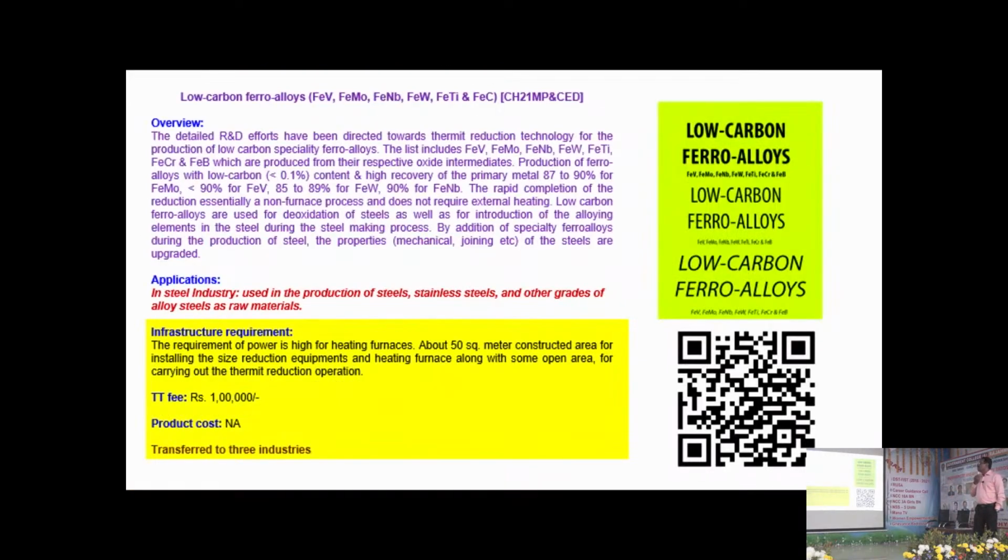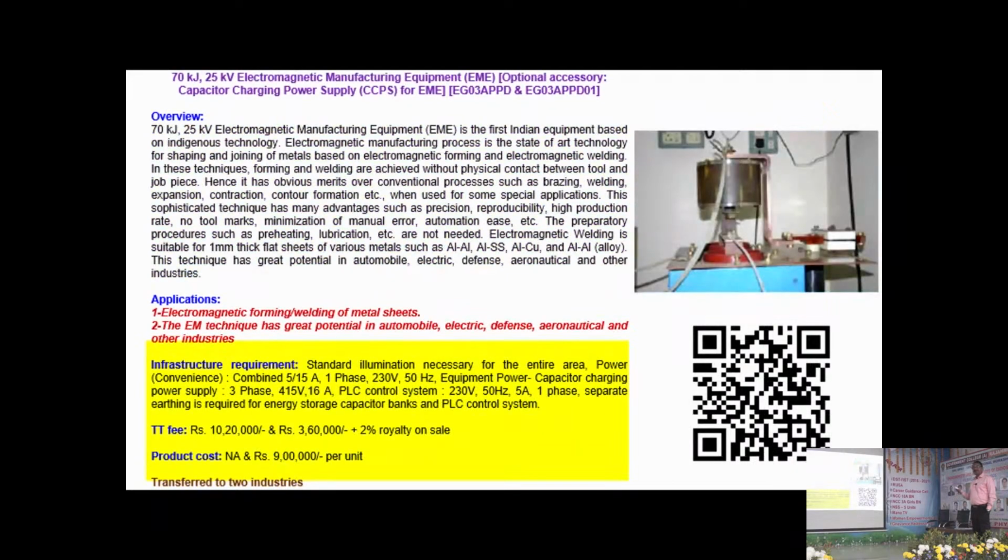Now recently we have developed, whatever good development that happens in metals and materials, we try to publish so that people can take it. This is very useful in steel industries and all. So I am just giving a flavor. Due to lack of time I cannot explain too many things.